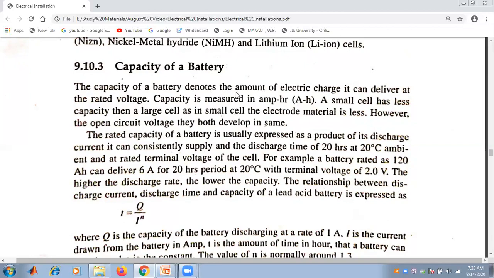The capacity is measured in ampere hour.